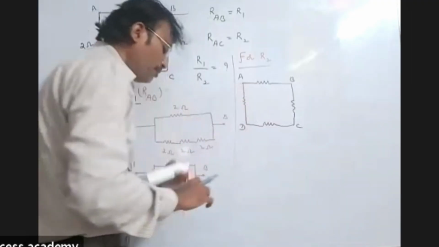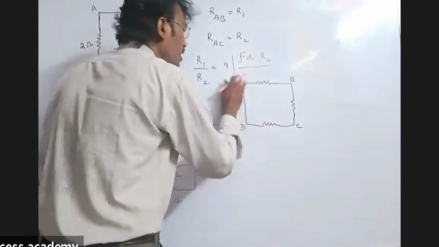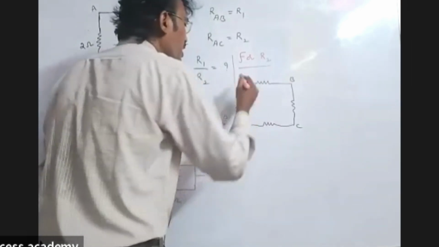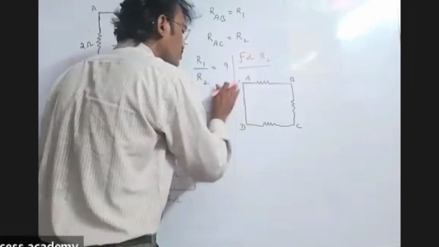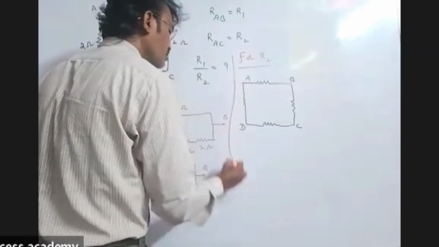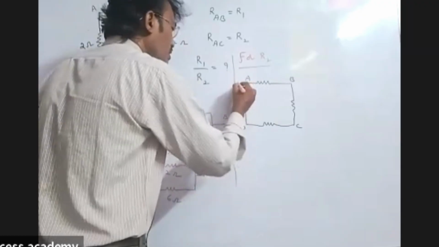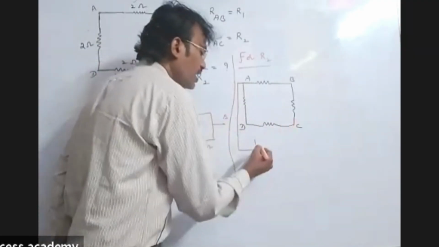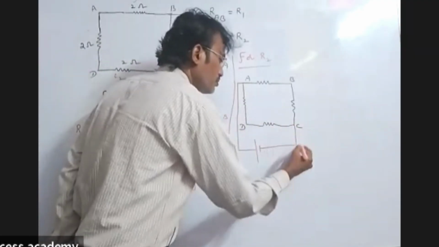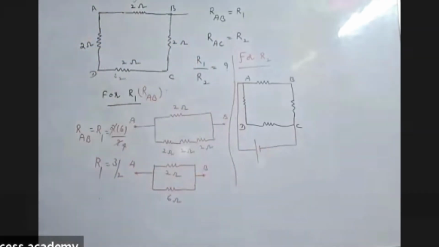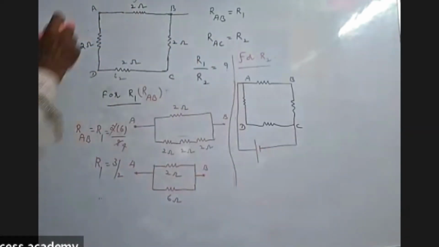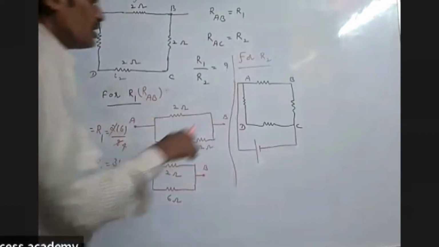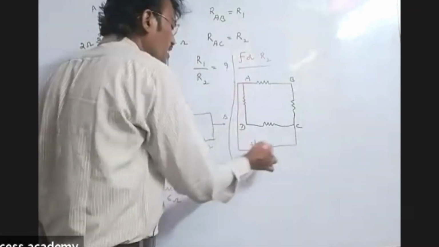So here I'm taking A as the positive terminal and C as the negative terminal. Like that I considered. Previously, A was positive and B was negative.